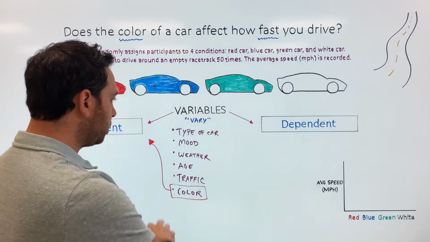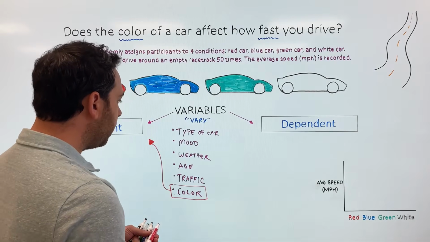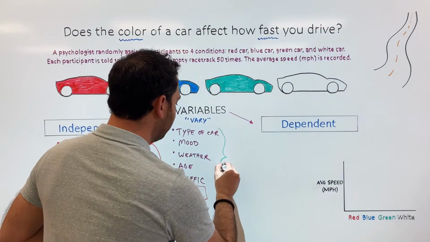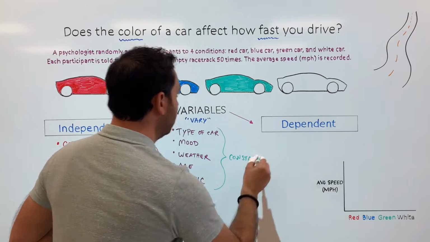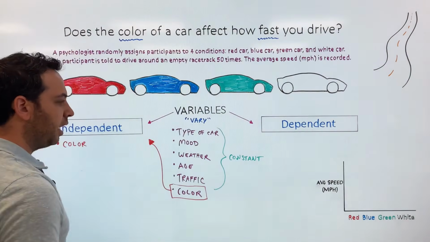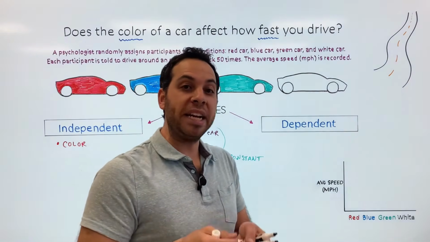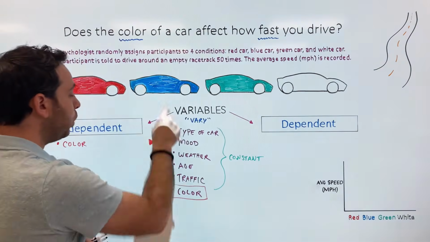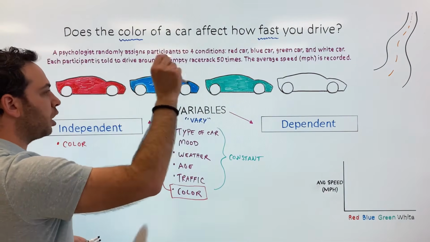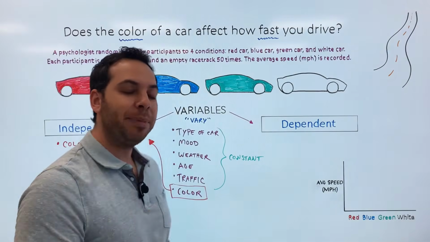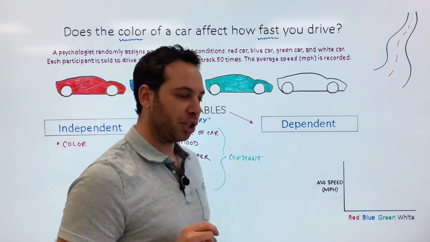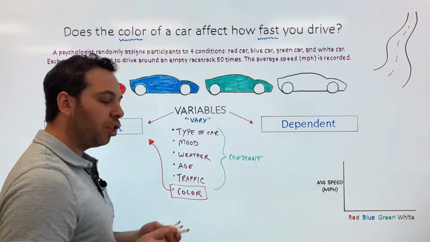And all these variables, what do we do with all those variables? Well, these variables have to remain constant. In other words, the only variable that can change in the whole study is the color. And everything else must remain unchanged. In other words, we have 4 conditions: red car, blue car, green car, white car. Every one of these variables, other than color, has to be exactly the same in every condition. In every condition, the weather has to be the same.